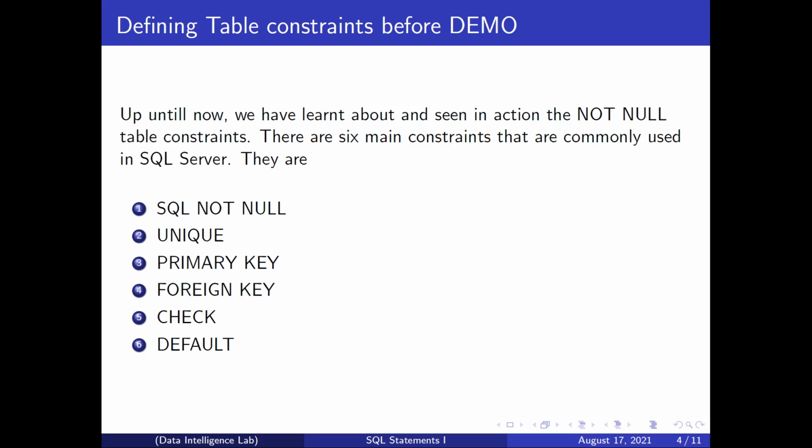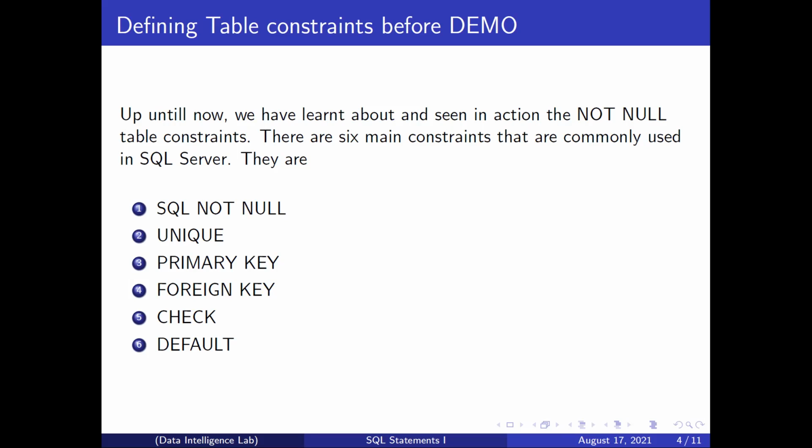That way you can have much more defined or structured data in your tables, right? For instance, we have seen the way we use not null, saying that there must be no missing value in the given data set, right?